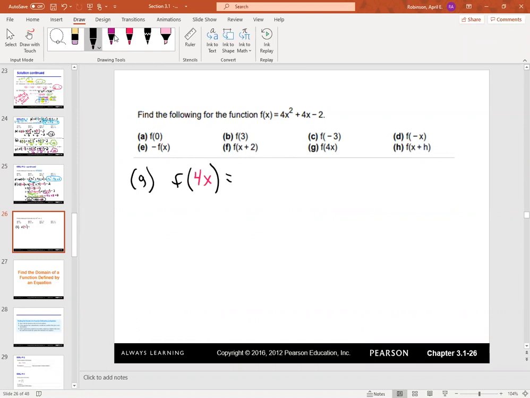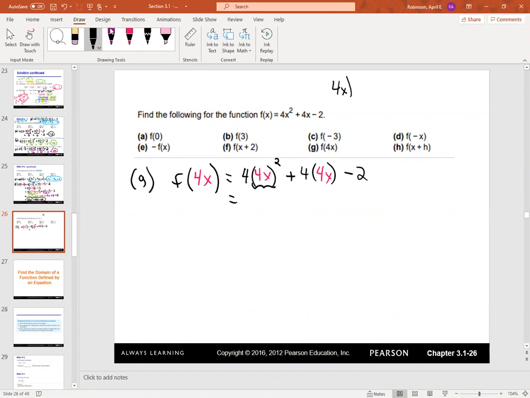So this is going to be 4 times a 4x squared plus 4 times a 4x minus 2. I'm still going to start with the parentheses, and I'm going to take a 4x and square it.